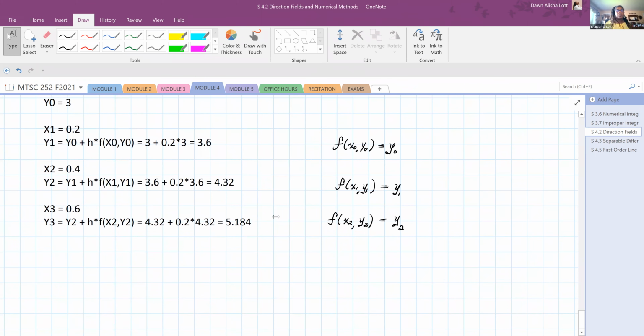What's x4? X4 is 0.8. Y4 is going to be y3 plus h times f of x3, y3.